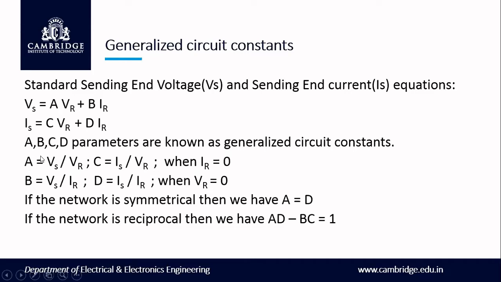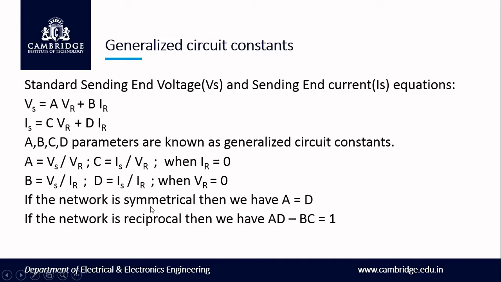Now, in order to find the expression for A, taking IR as constant, we get A is equal to Vs divided by Vr and C is equal to Is divided by Vr when IR is kept constant. Similarly, B is equal to Vs divided by IR and D is equal to Is divided by IR when Vr is kept at 0.